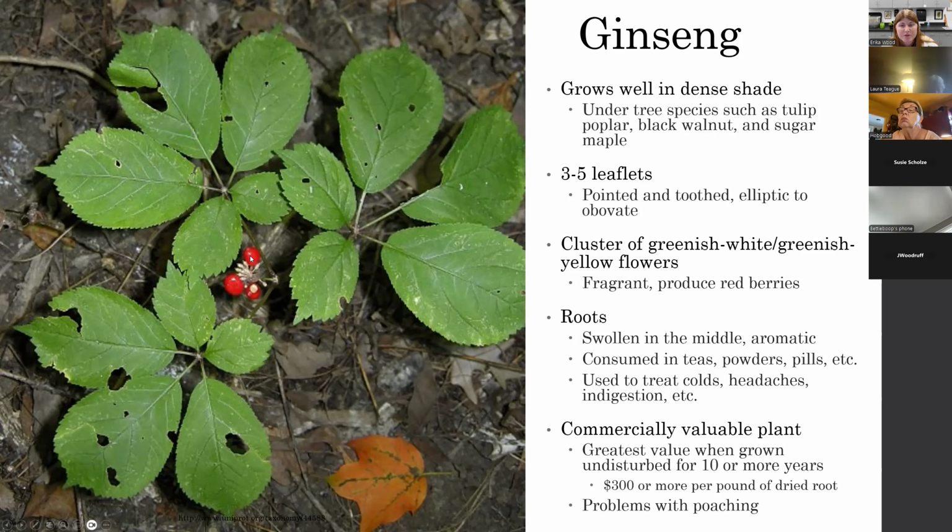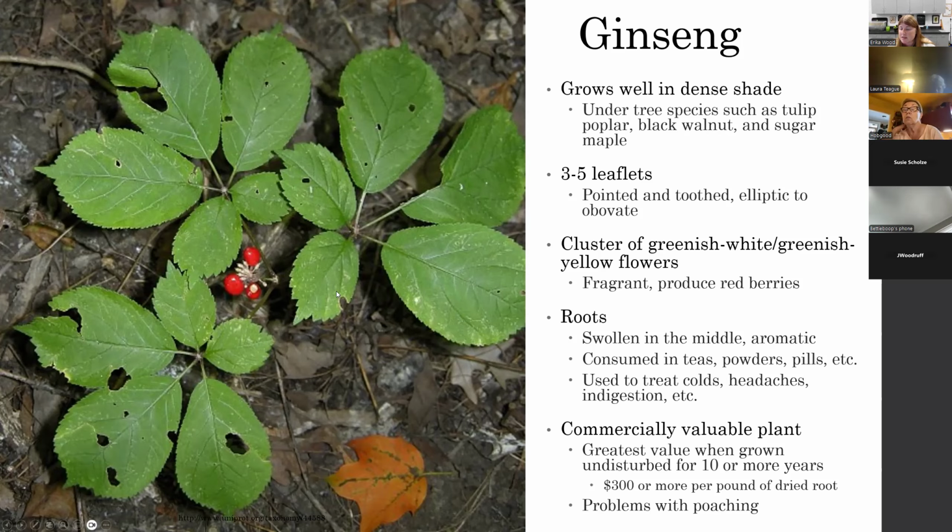Now, these can produce these white, yellowish flowers, and they will give way to these gorgeous, vibrant red berries. Okay, very fragrant berries. Now, this plant has been used for many years for medicinal purposes, especially the root of this plant.